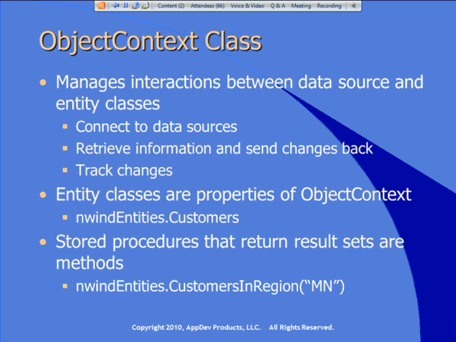So we'll see a stored procedure called customers in region. I can pass to it a region, and that will return a collection of customers in that region. So I can talk to my entities as a property, so I can basically say in my LINQ query, the equivalent of select star from customers. For customers, I'll just use nwinentities.customers.